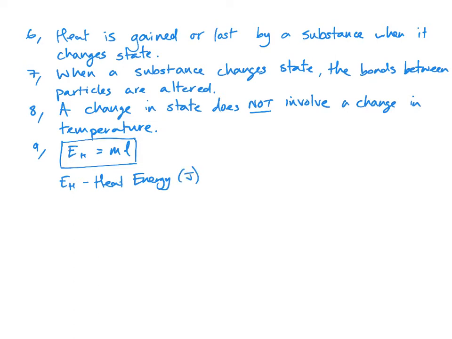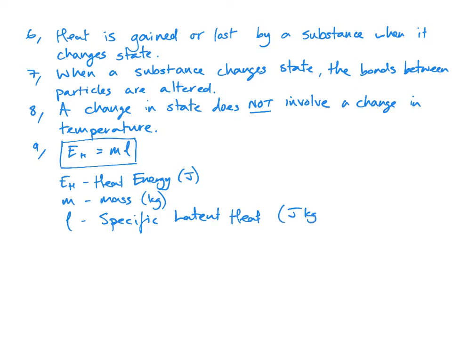So E_H is your heat energy, M is your mass, and L stands for specific latent heat. And I'll explain in a wee second what that means. It's measured in joules per kilogram.